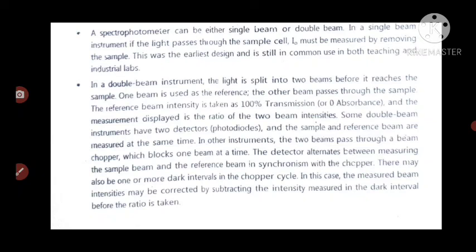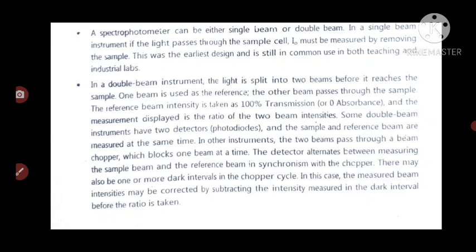In a single beam instrument there is no reference material, so the intensity passing through is measured first, and after that the sample is placed and the intensity is measured.